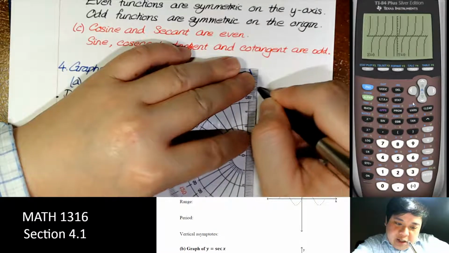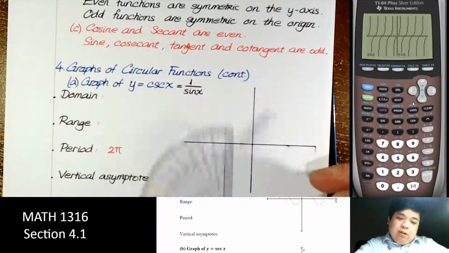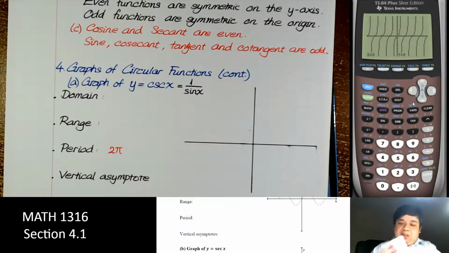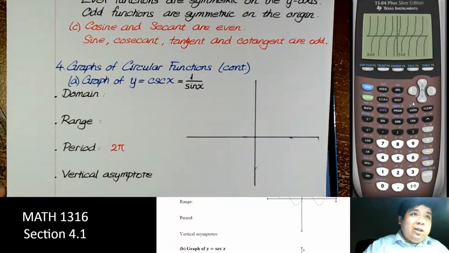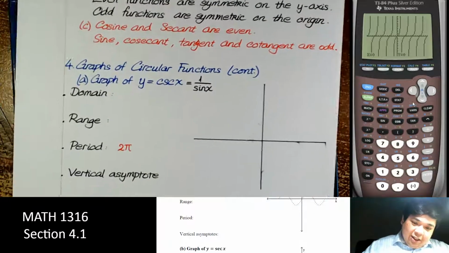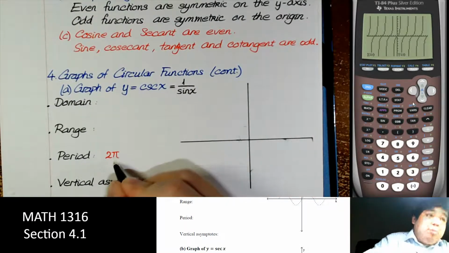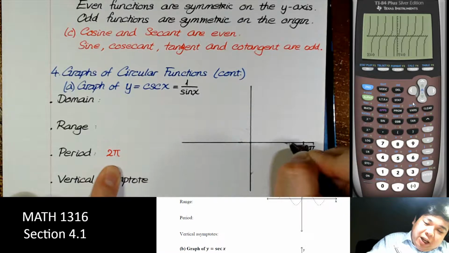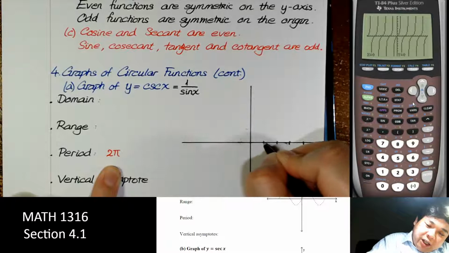Remember, the period is 2 pi, and so we divide that into 4 equal segments.